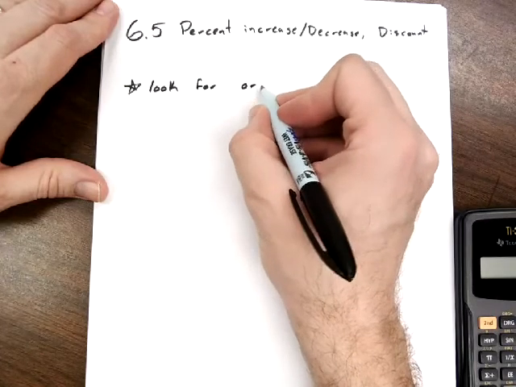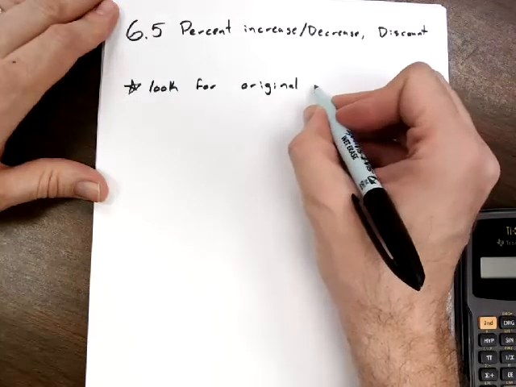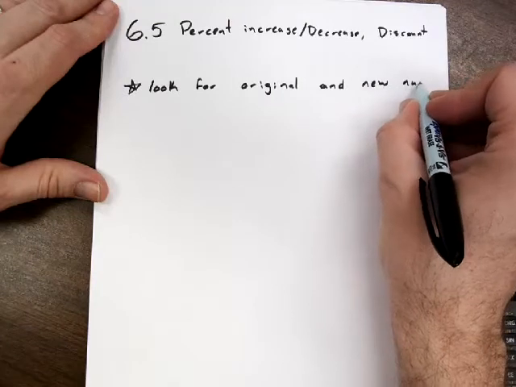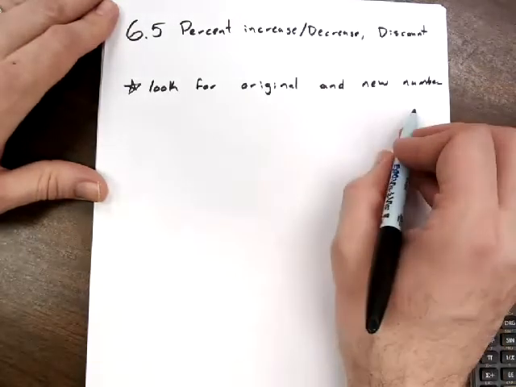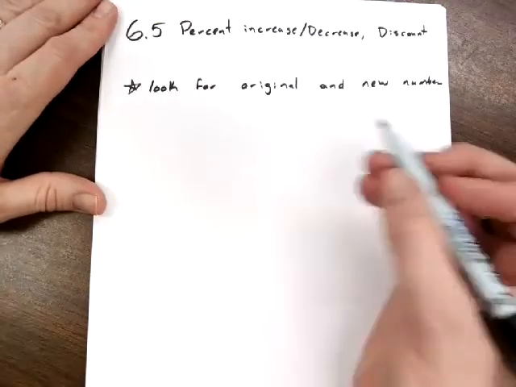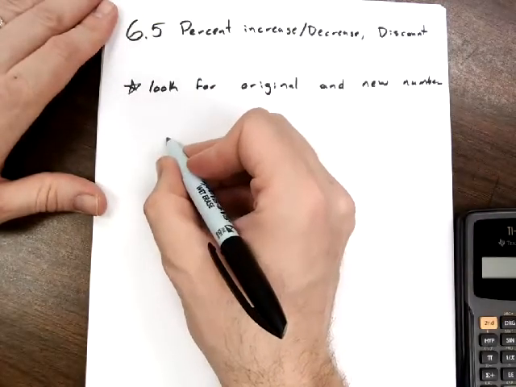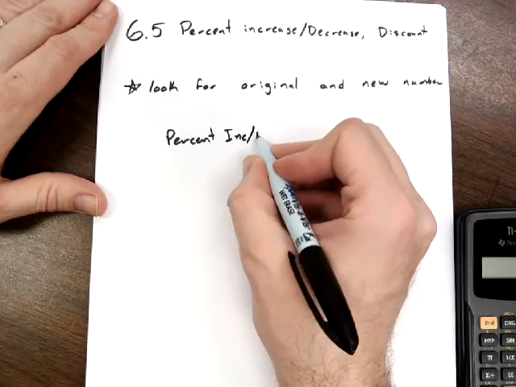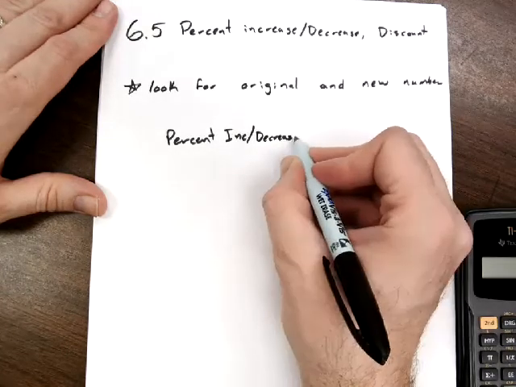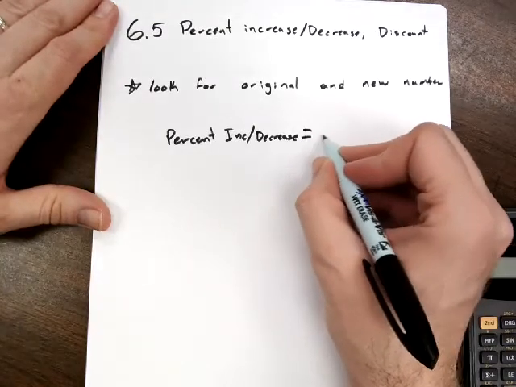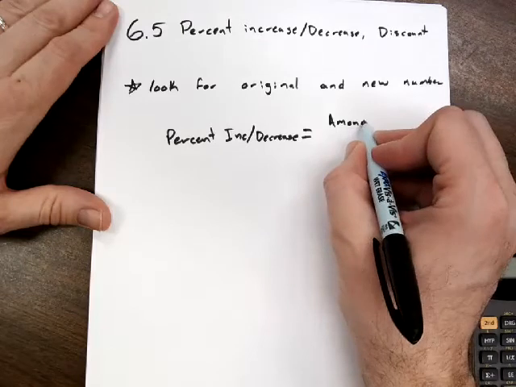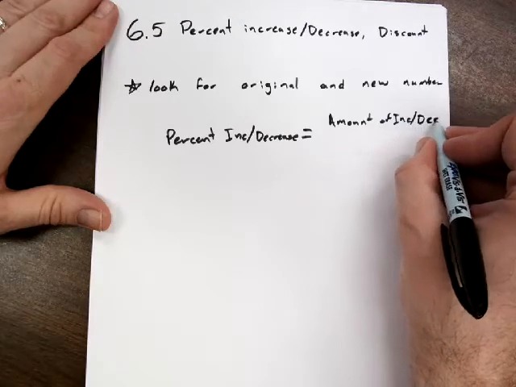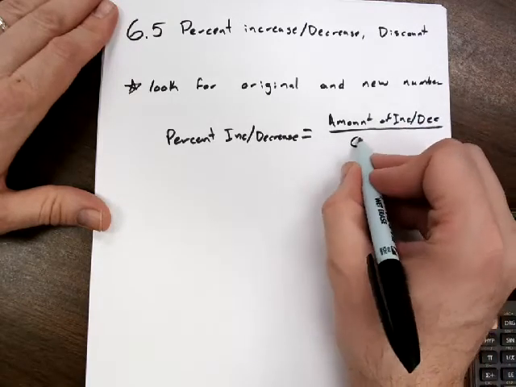an original number and a new number. Now, if you have these two things, you can figure out what your percent increase or decrease is, and how you're going to figure out what that percent increase or decrease is, you're going to find that amount of increase or decrease, and you're going to divide that by your original amount.